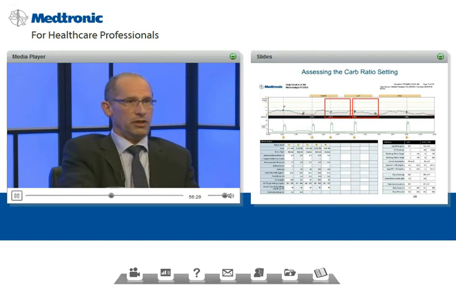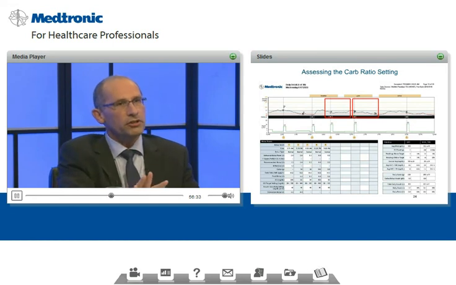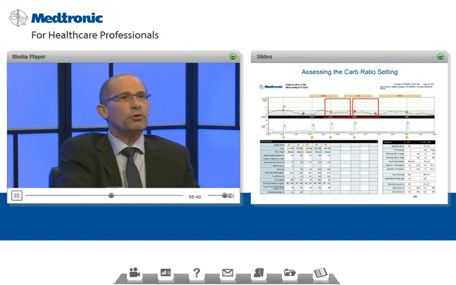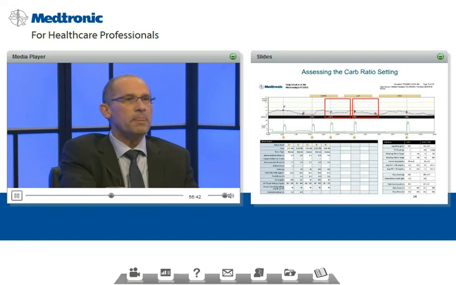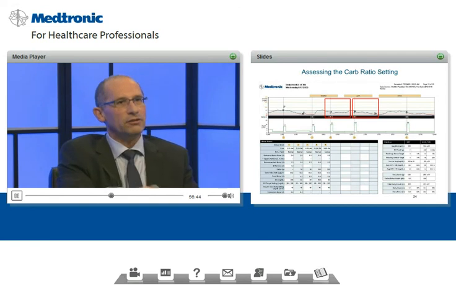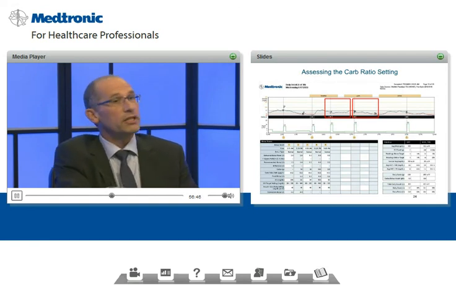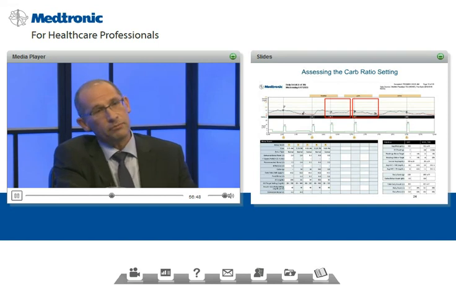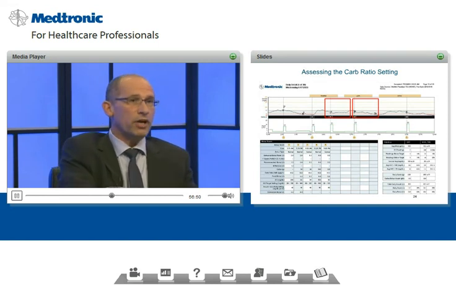You look at this download, you can see that in both instances, the patient started the meal on target. But look what happened. With the use of the Bolus Wizard in bolus number 3 during the late breakfast, the patient used the wizard, and at the end of the meal, he was well controlled, hinting to the fact that probably this setting is right.